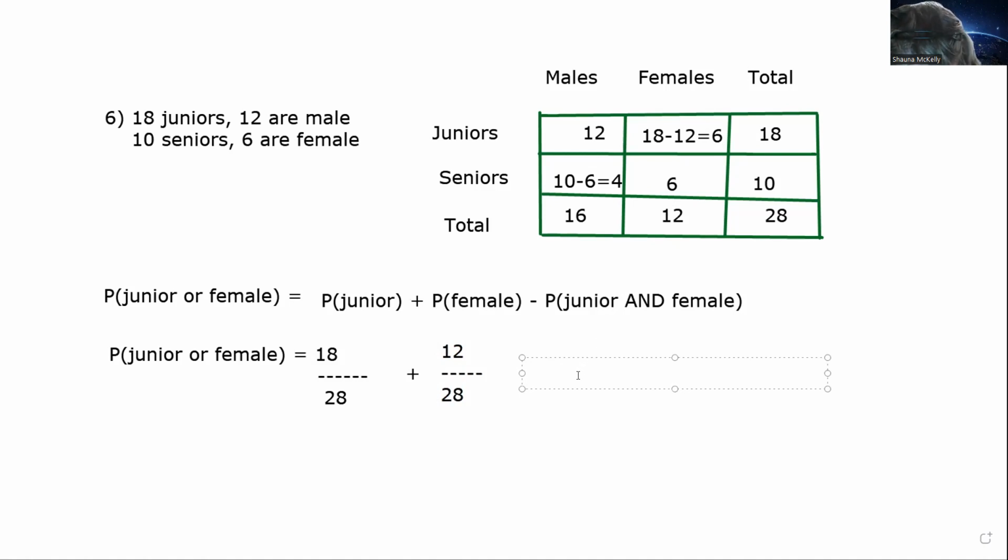So here I'm going to say minus 6 out of 28. So now you could put this all over one denominator, okay?